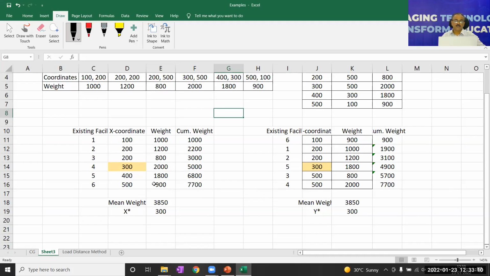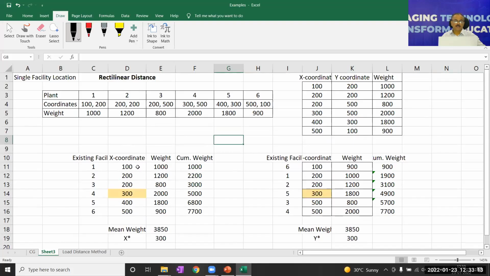What you have to do is arrange these facilities in ascending order of their x coordinates. So we have arranged these locations in terms of the values of the x coordinate. You have to arrange it in the ascending order.